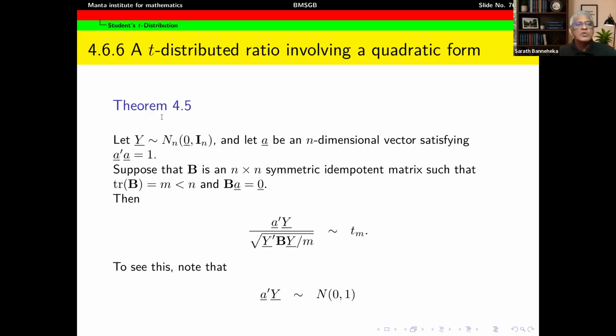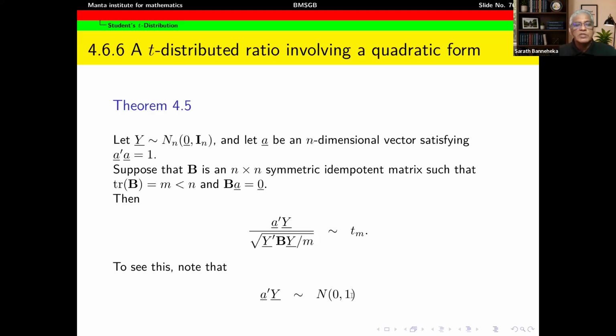Now because Y is multivariate normal, individual components are also univariate normal, and any linear combination of those Y's will again be normal.